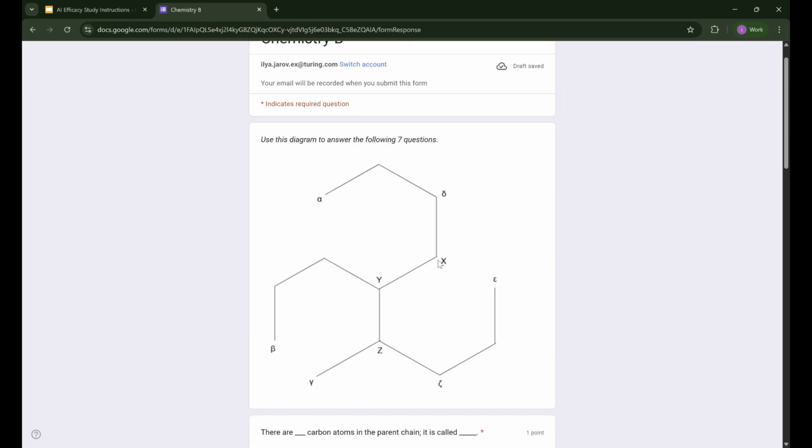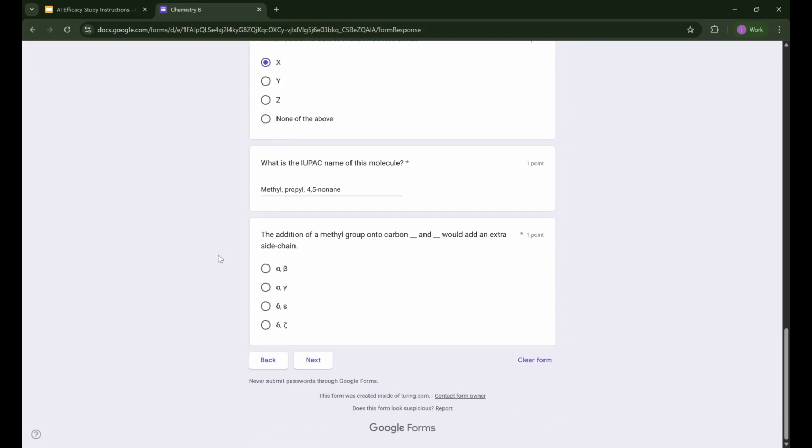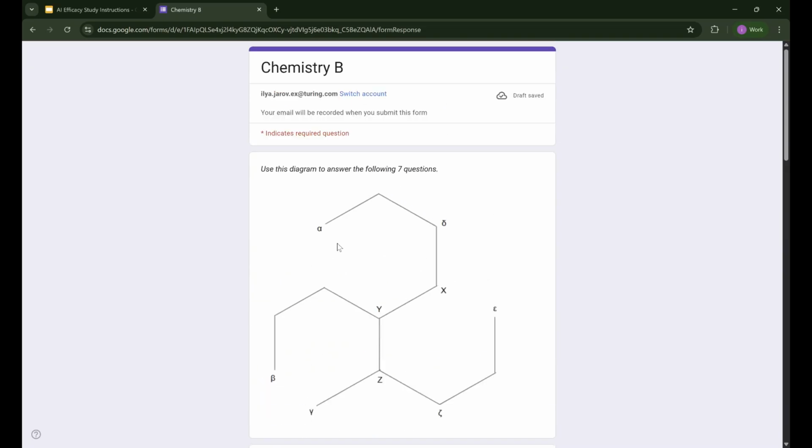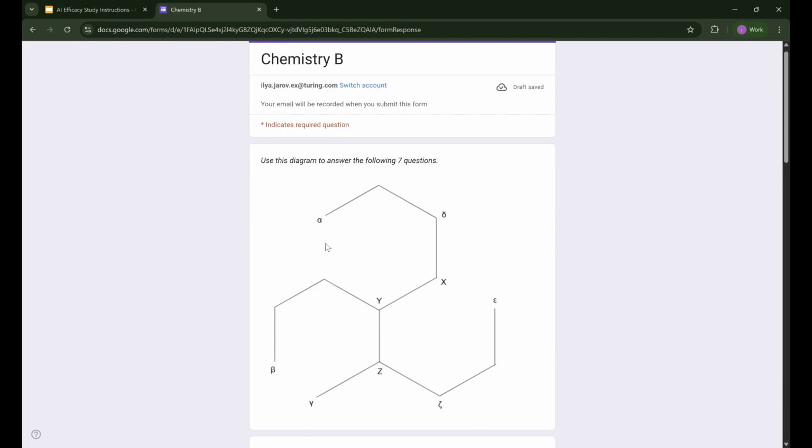So it would probably be like one of these three, or even these. I don't think it can be alpha because I would just extend the parent chain.